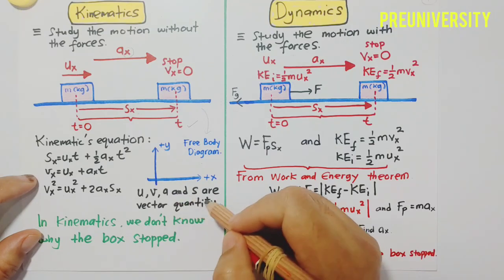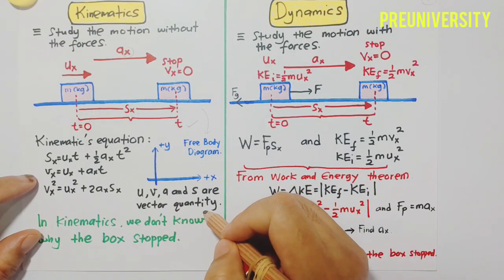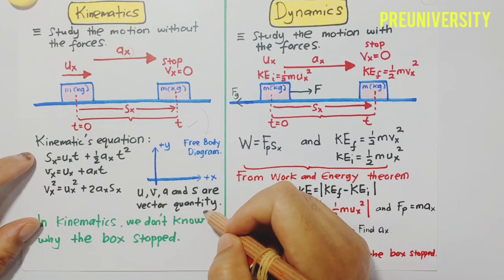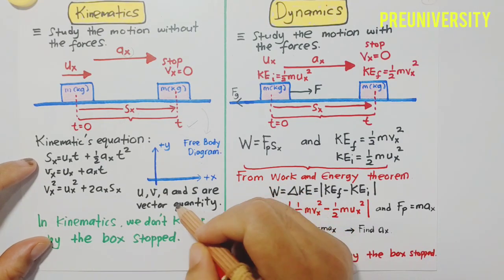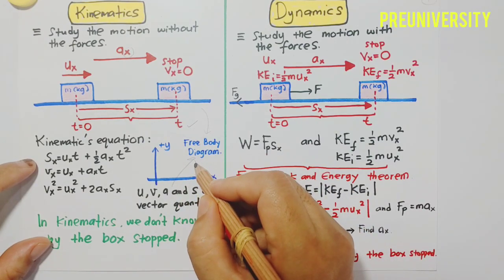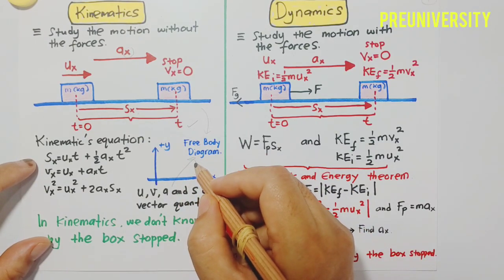They are vector quantities, so we need to take care of the magnitude and the direction. That's why we have to use the free body diagram for the direction.